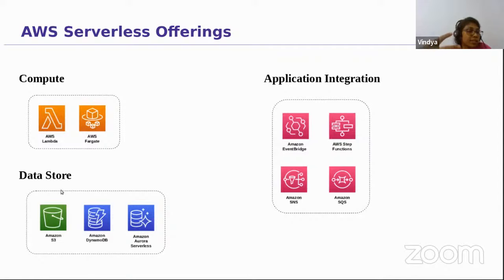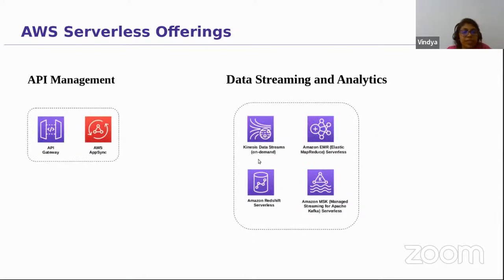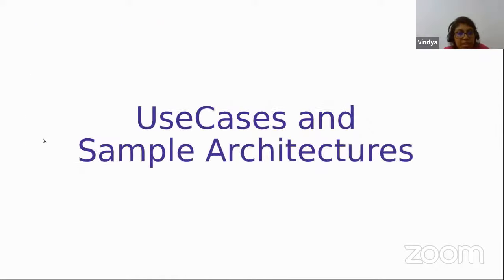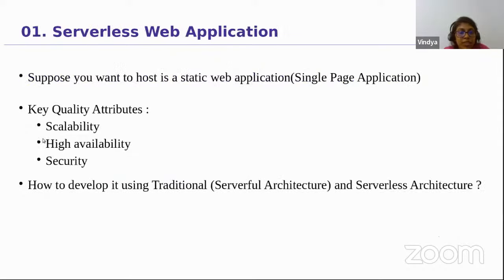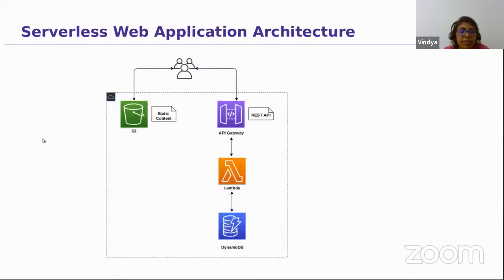So we have a single page application, a static website, and we can use S3 simply for that. For the data store, we can go for DynamoDB. And of course, for compute, maybe you can go for Lambda. And then we'll go with a simple API Gateway. Say we are exposing a simple REST API. So these are the building blocks, and we have wired it up.